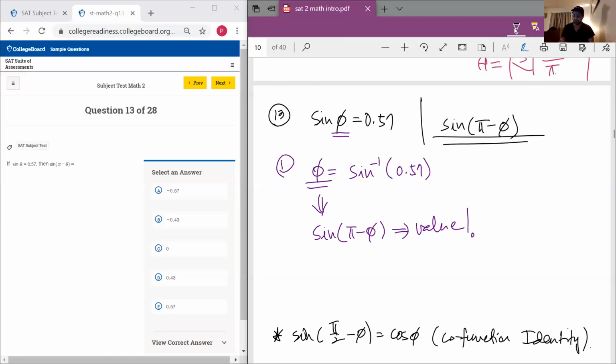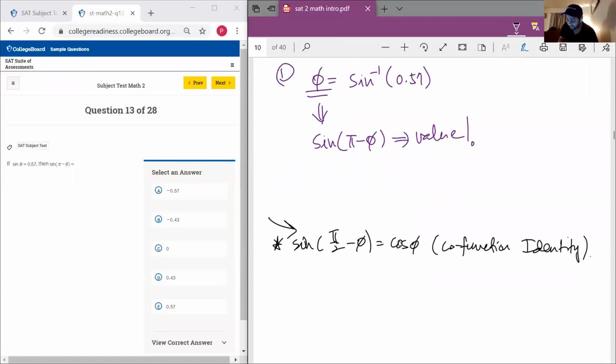My professional advice: memorize this and do not memorize any of the other ones. You can have many different identities for every different trig function that take this form. For example, cosine of 3 pi over 2 plus theta, and tangent of 2 pi minus theta.